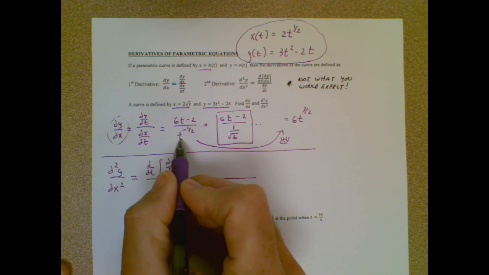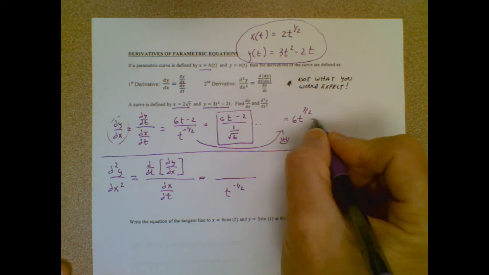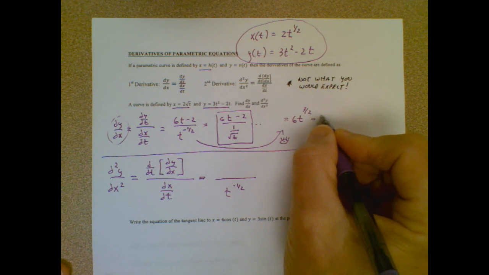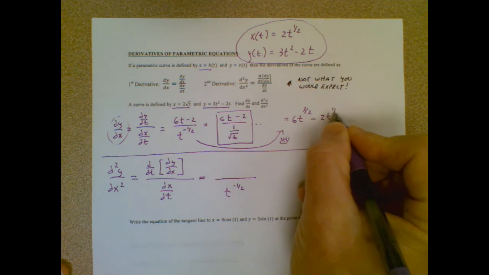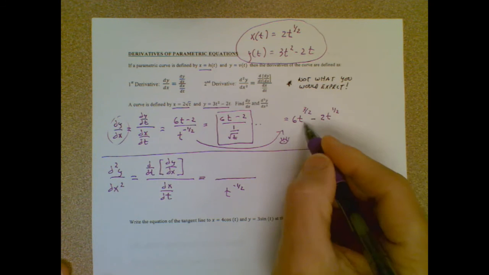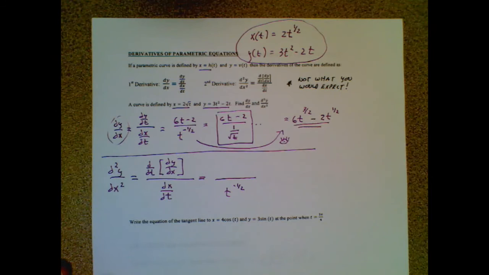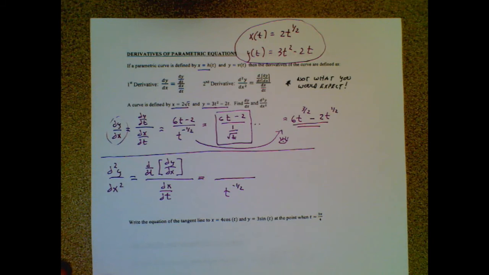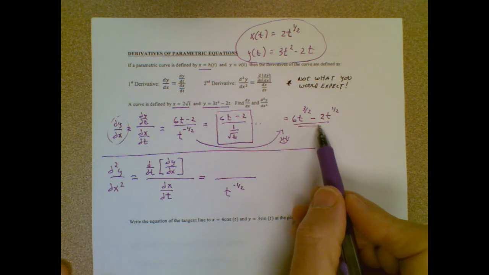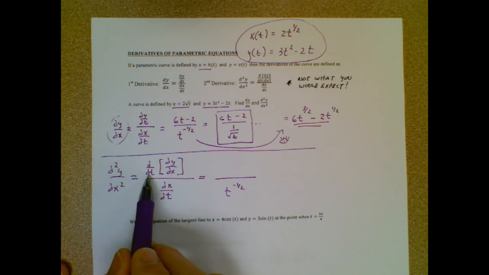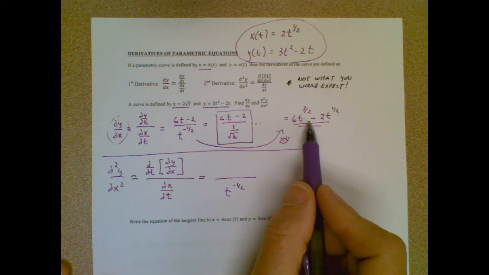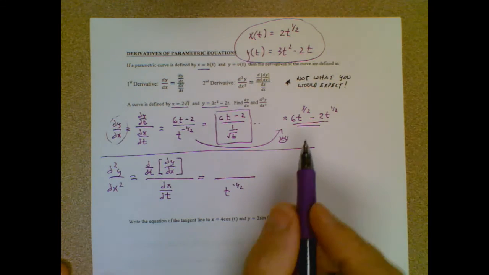And likewise, if I take this and divide it into there, I would get minus 2t to the 1/2 power. So that's yet another version of my dy/dx. And that version is going to make it a heck of a lot easier to take the derivative with respect to time of dy/dx.